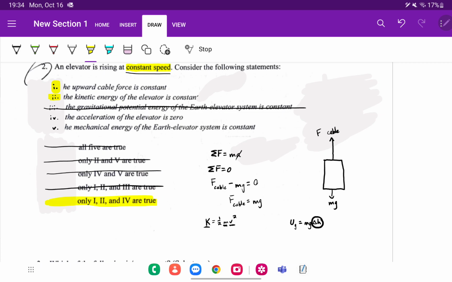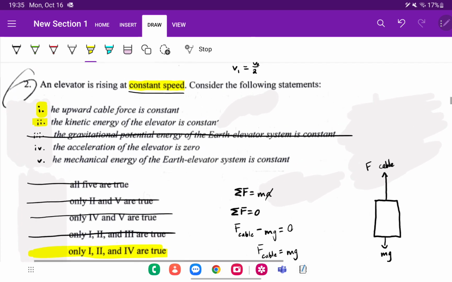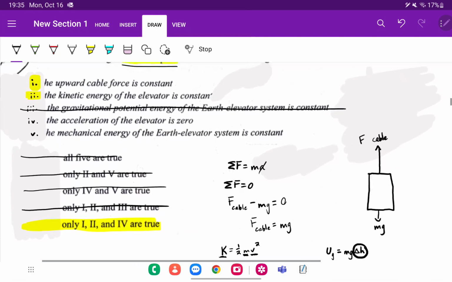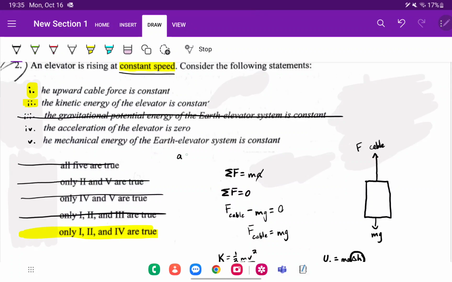If you want to know why 4 is correct, the acceleration of the elevator is 0. I kind of already said that because I was looking at the fact that this said constant speed. When there's a constant speed, the math equation that shows that is a equals v final minus v initial over t.